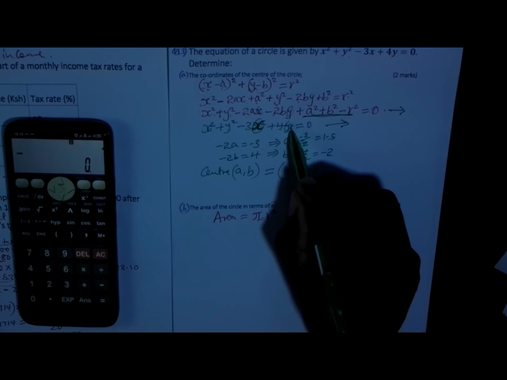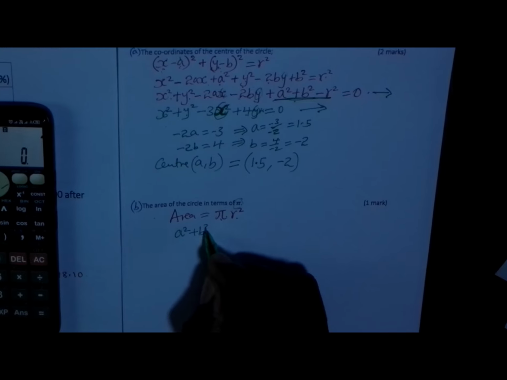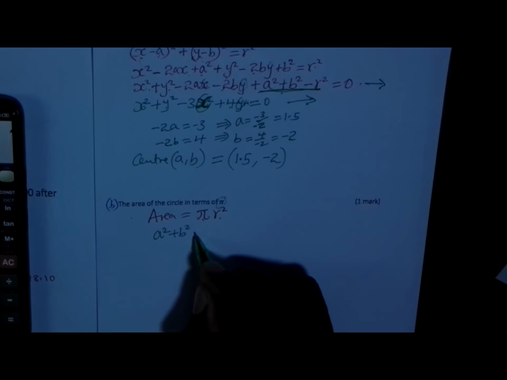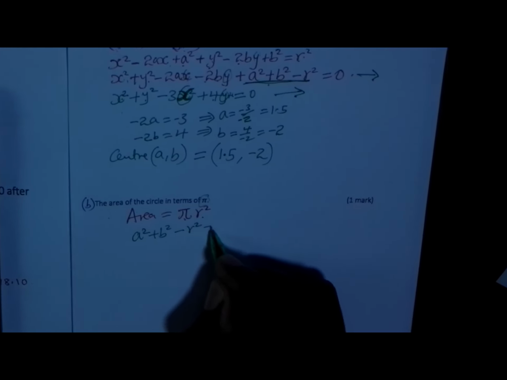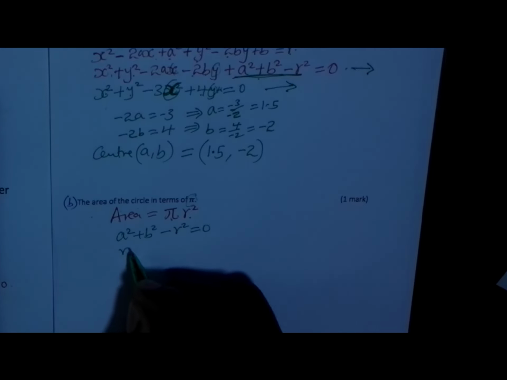Here this plus 0, so that means a squared plus b squared minus r squared is equal to 0. So r squared will be equal to a squared plus b squared.